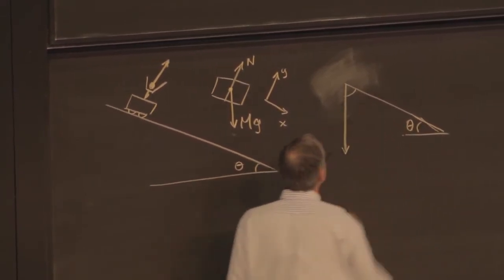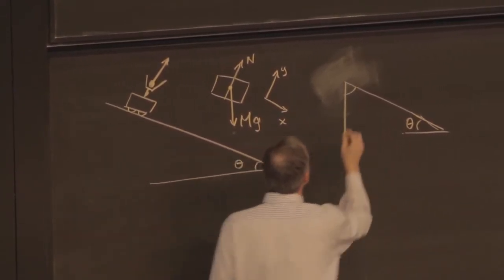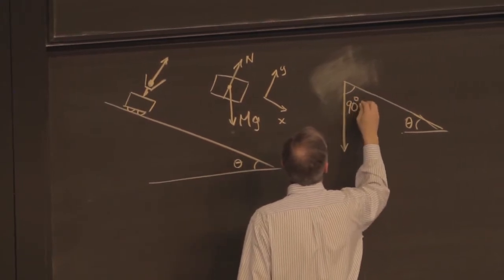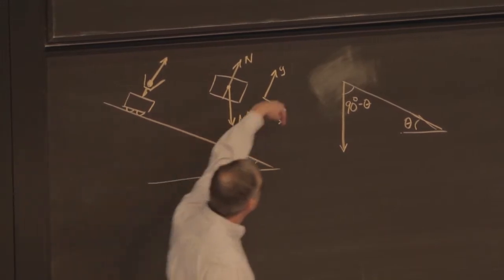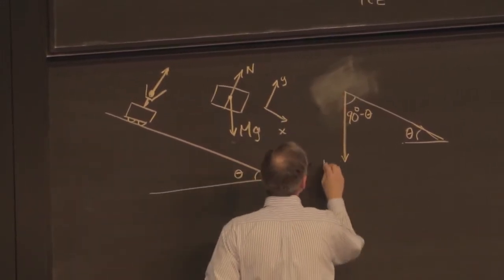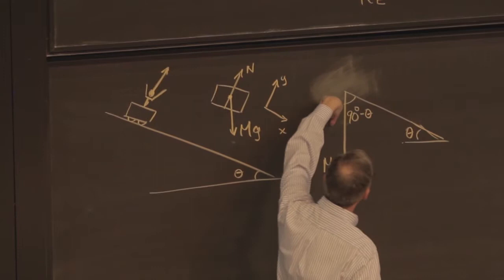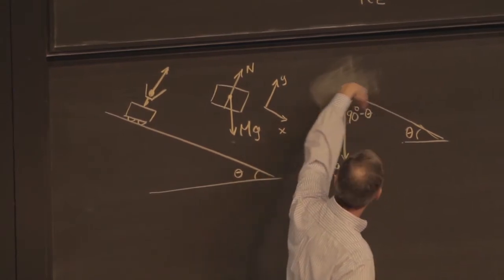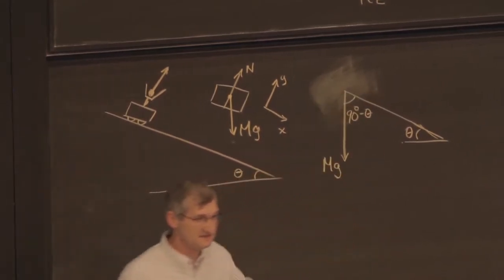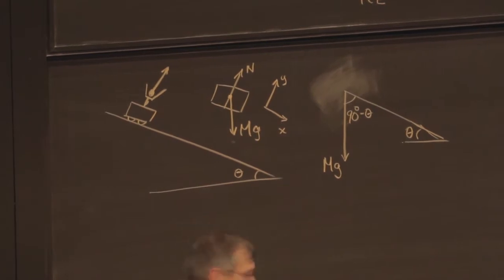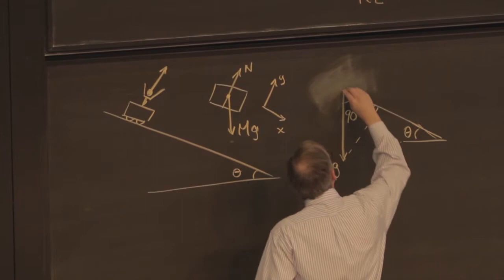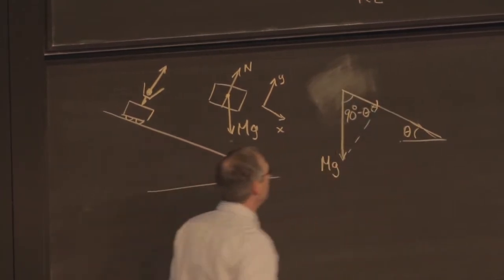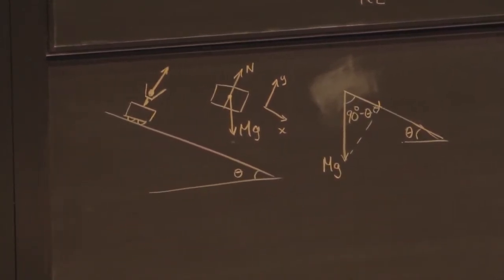So this angle here would be 90 degrees minus theta. And so the angle between gravity mg and my x direction is 90 degrees minus theta. So the component of gravity along the surface would be what?